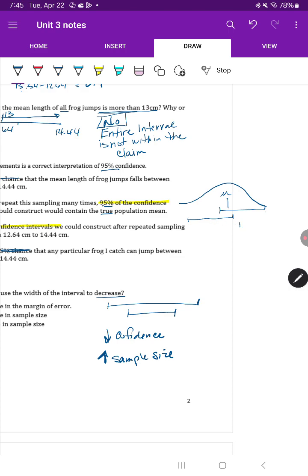Sometimes they landed in, sometimes they didn't. This interval contains the population mean, this one does not, this one does. If I did this 100 times, 95 of these would contain the true population mean inside their interval.